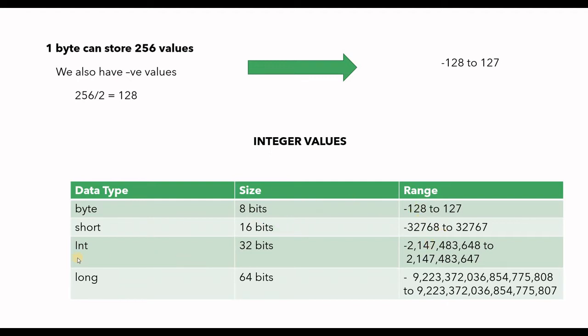We have int. The most commonly used data type is int. The size is 32 bits and the range comes out to be this. And then we have long for really big integers and the size is 64 bits and the range comes out to be this. If you can read this out, do read it and mention in comments.